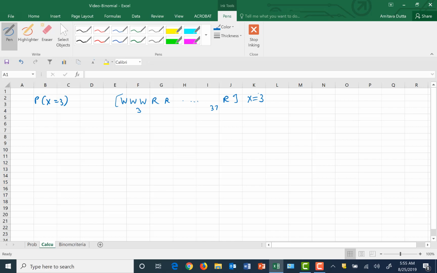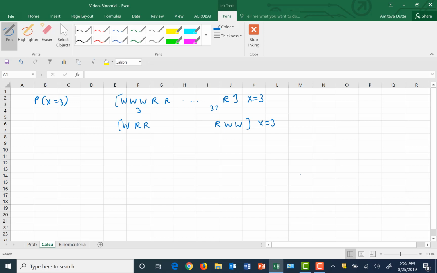But this is not the only outcome that meets this requirement. Suppose the first student withdraws, the next 37 students remain in the course, then the 39th and the 40th student withdraw. This is also an outcome that meets the condition that 3 out of the 40 students withdraw.